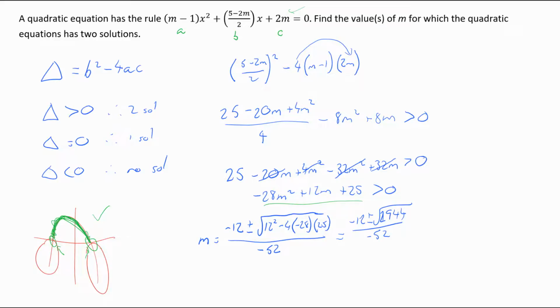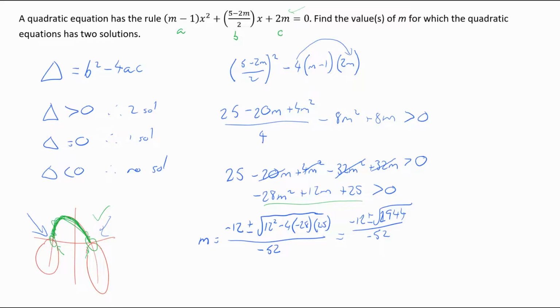If we take the square root of that number, it is around 54, but we probably don't need decimals. Exact values will do us in a pinch. So basically, anywhere that m is bigger than this x-intercept, which would be negative 12 minus the square root of, or this one, which would be plus.